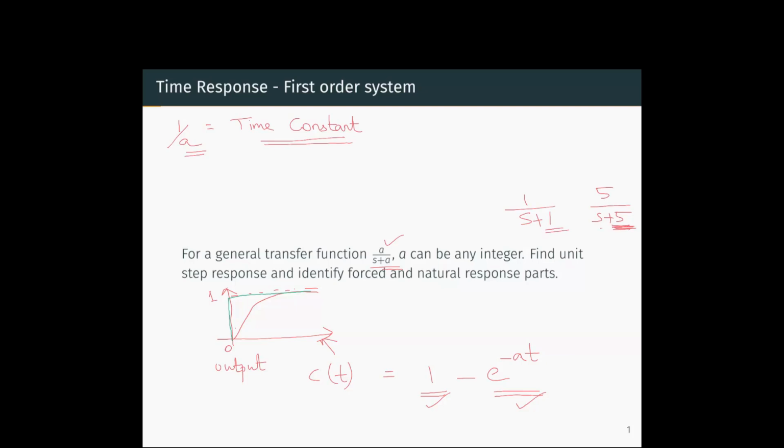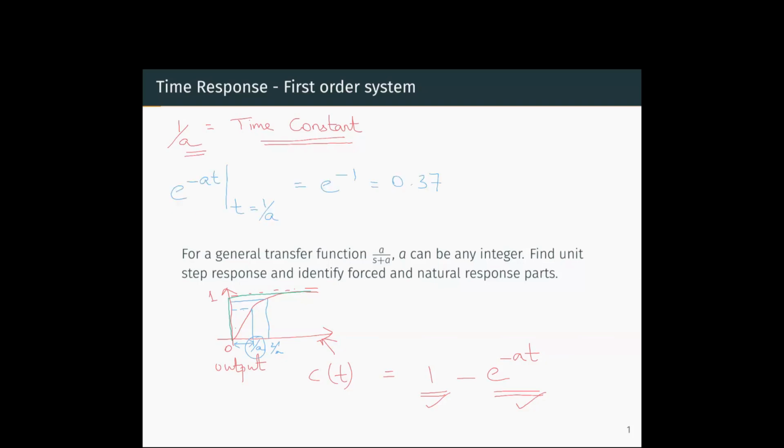The definition of this time constant is that it is the time for e raised to minus at to decay to 37% of its initial value. This blue line shows 1 by a, the time taken for the system to reach this point. So how did we get that?